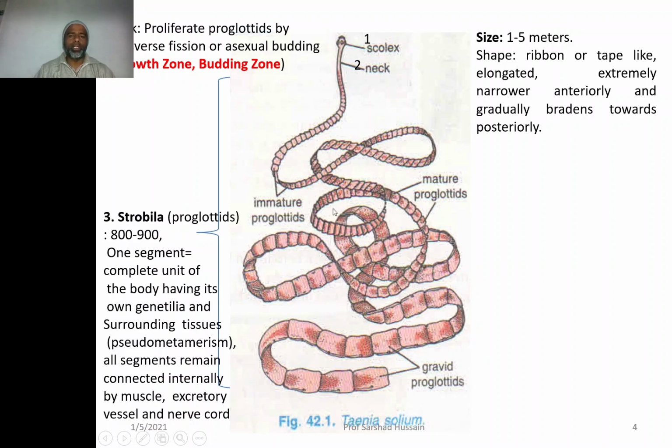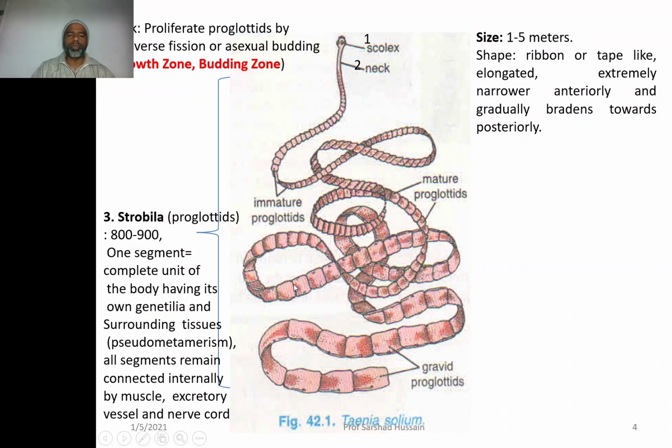As I have already told you in the characteristic features of the phylum Platyhelminthes, they don't have true segmentation, so their segments are not fixed. You can say they have a range of 800 to 900 segments.